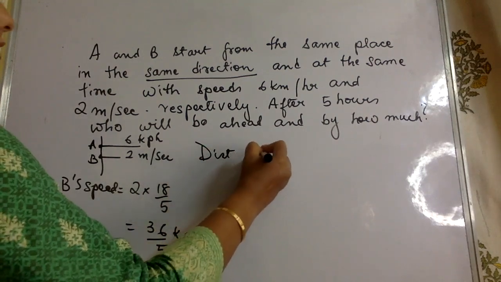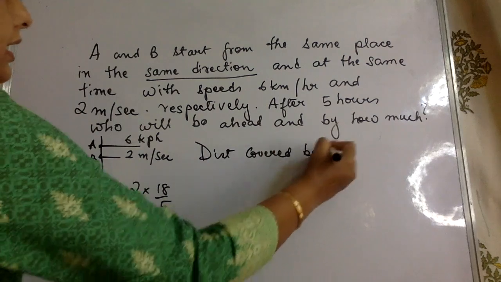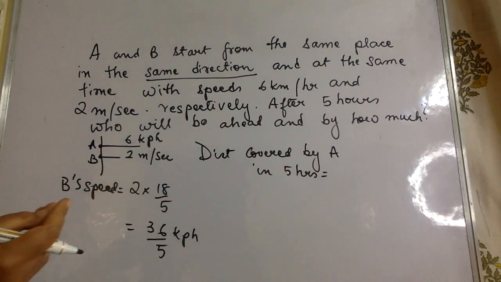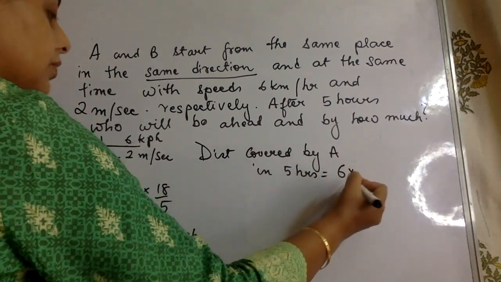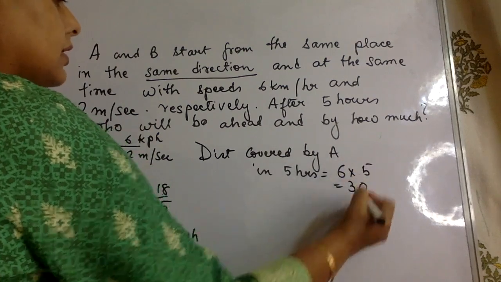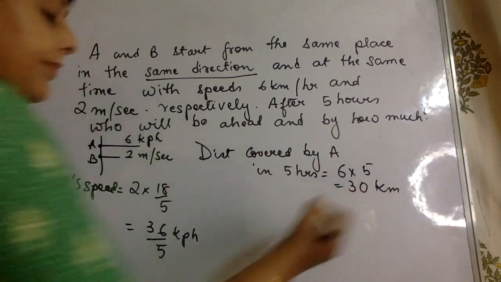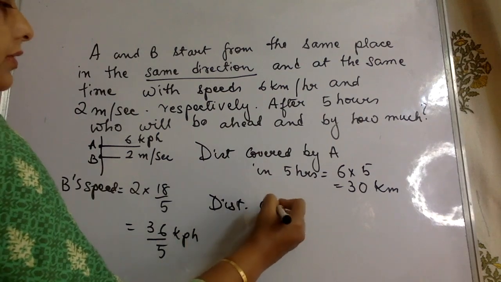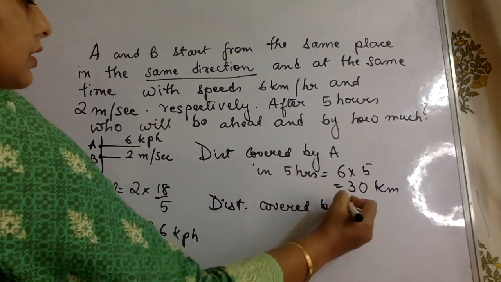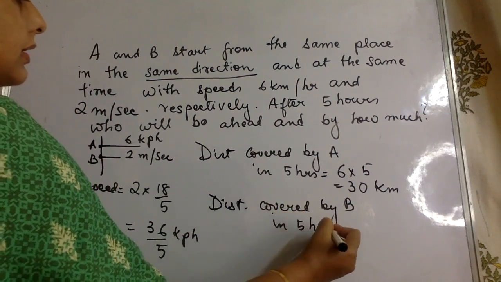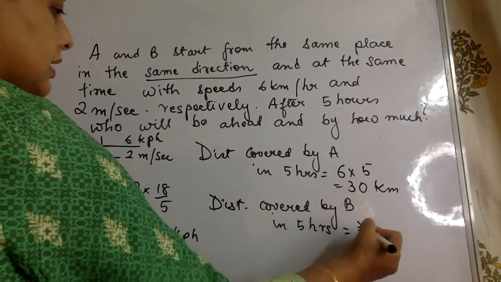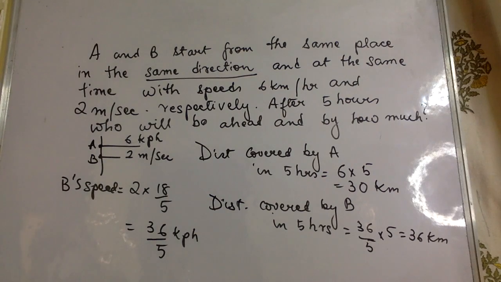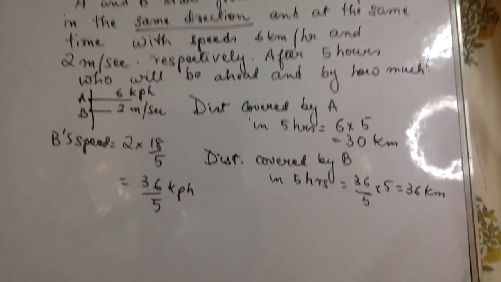Distance covered by A in 5 hours, distance is always speed into time, so 6 into 5, which is 30 kilometers. Okay, on the other hand, distance covered by B in 5 hours is equal to 36 by 5 into 5, which is 36 kilometers.